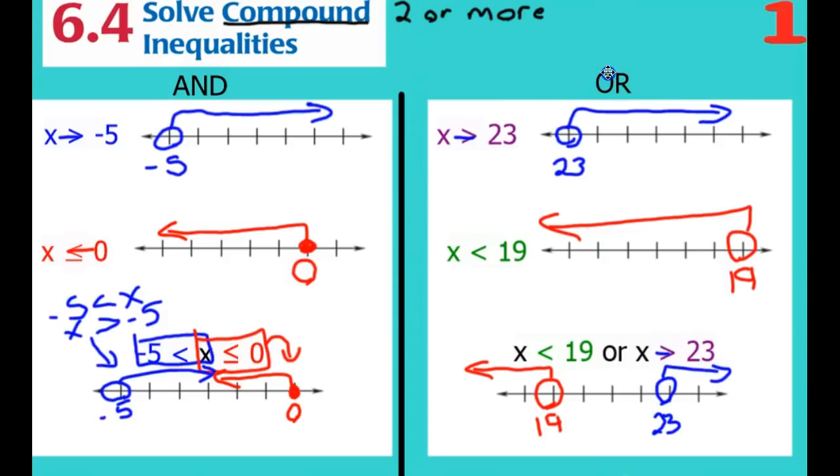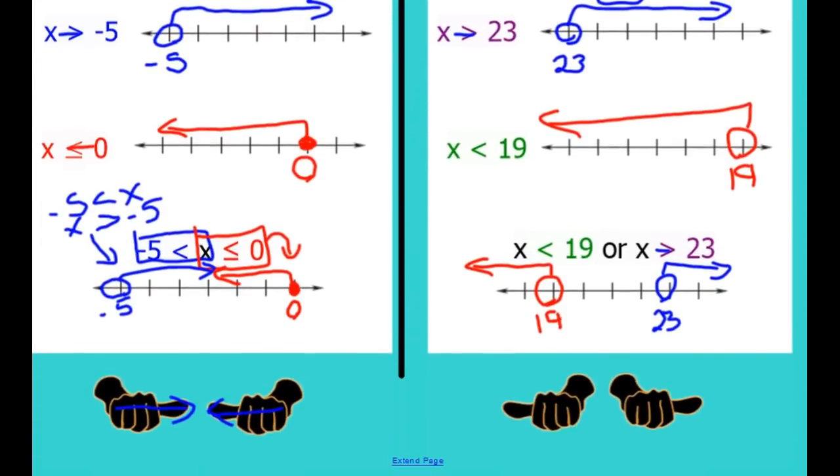What we have here are OR inequalities, so OR problems. Over here we have AND, this is now OR. So if we're to show it on our hands, we'd have an arrow pointing this way, and an arrow pointing this way. Just like we have here, an arrow pointing to the left and an arrow pointing to the right.